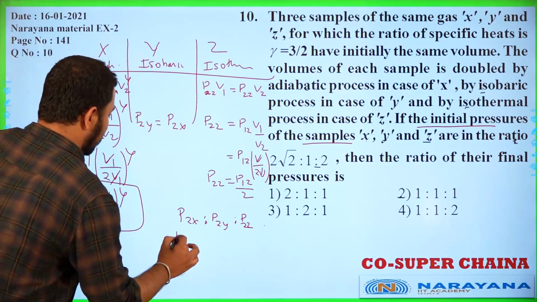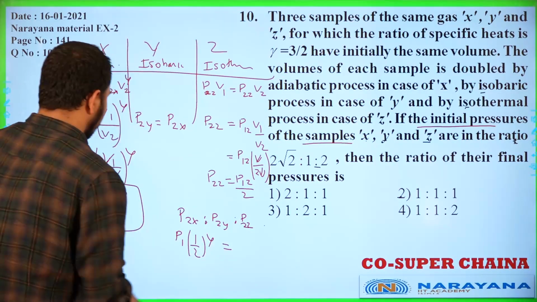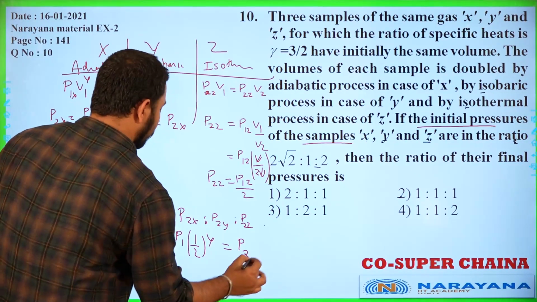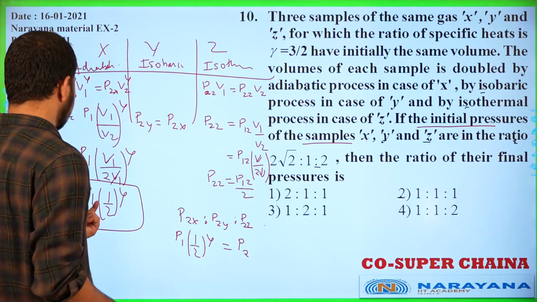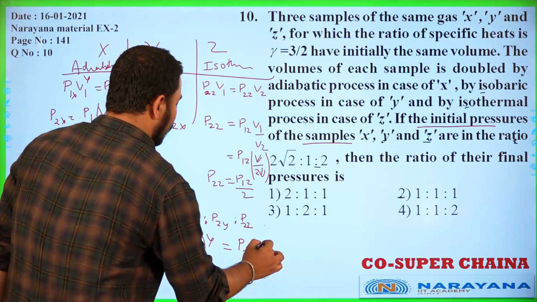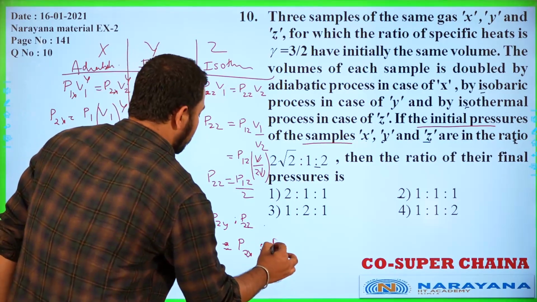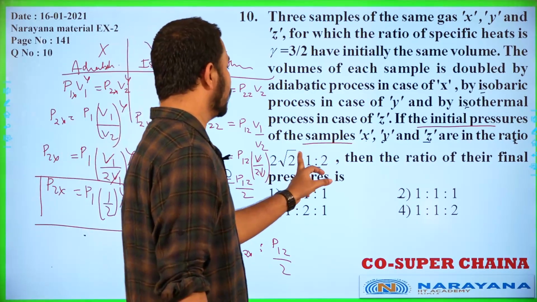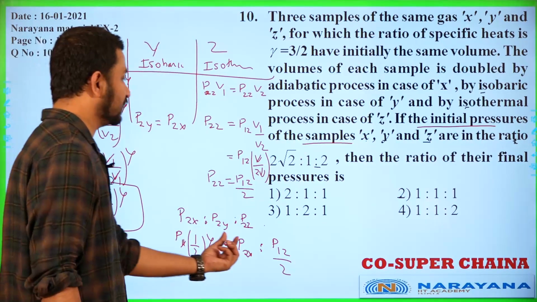It will be P1 times half to the power gamma is equal to P2, and P2y will be the same as it is. Similarly, we have to find for P2z. P2z is P1z by 2. Now these ratios are already given to us, P1, P2, P3. So just substitute here.